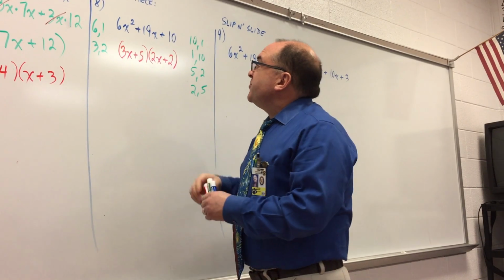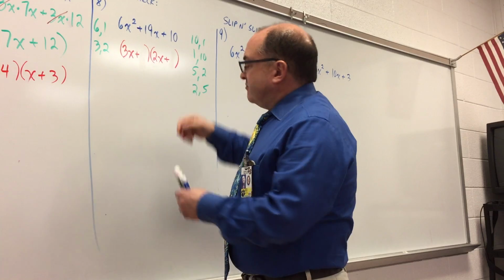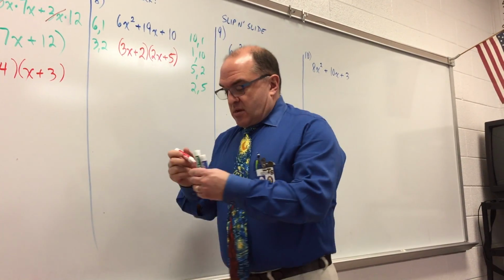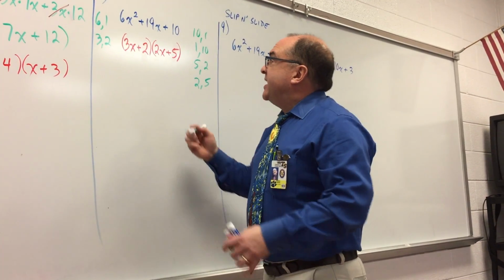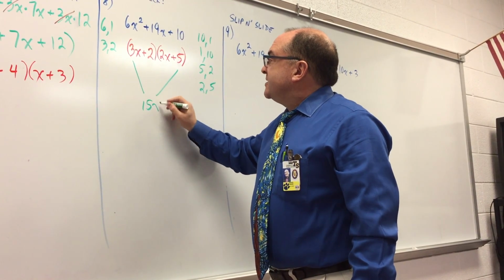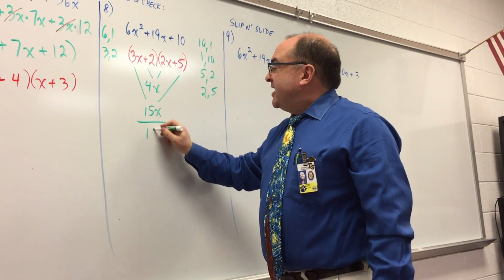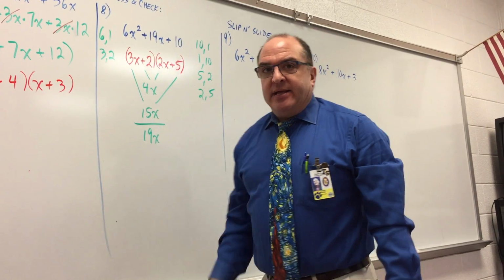So I'm going to do 2 and 5. All right, we know we made 6, we know we made 10. Did we make 19? Let's see. 3 times 5 is 15x. 2 times 2 is 4x. 4x plus 15x is 19x. Woohoo! Ding, ding, ding. That's my answer.